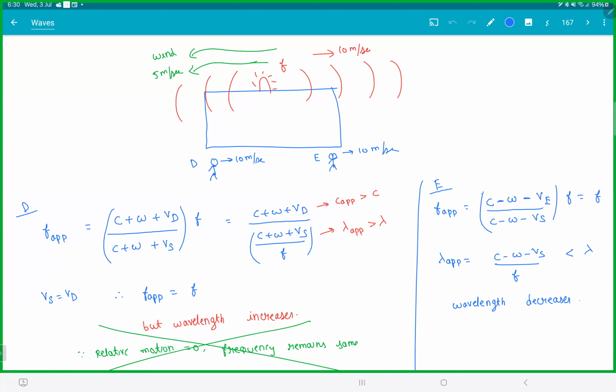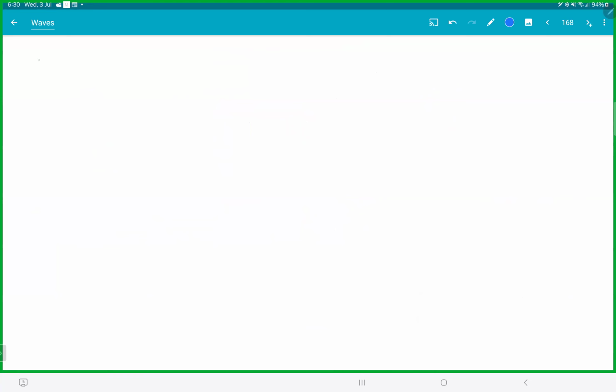Let's see one more. So we have a wall here. We have a frequency F. The vehicle is traveling with V, and let's say the wall itself is traveling with 2V.